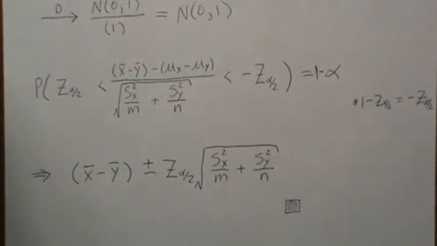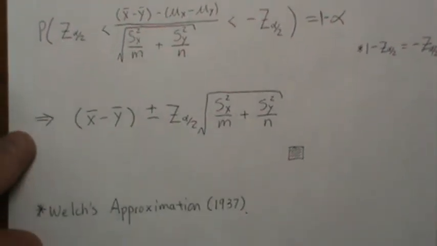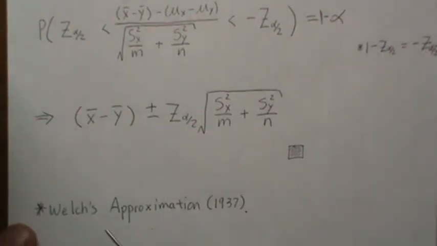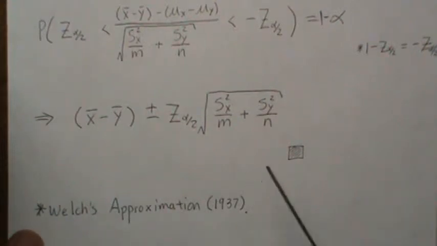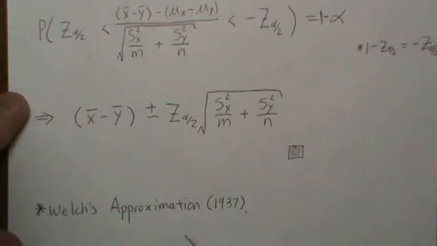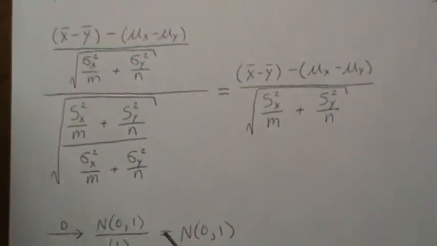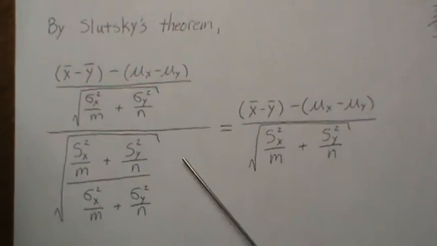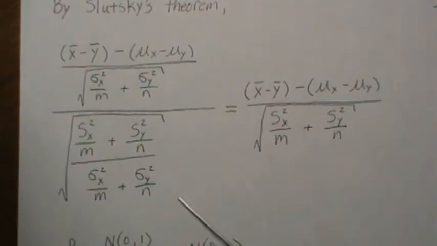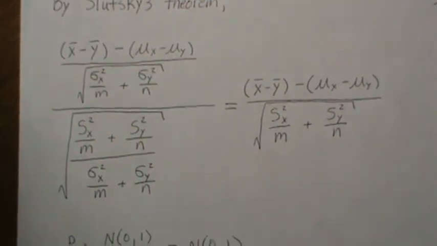So we're finished. But there's one thing I want to mention here. In the next video, we're going to look at Welch's approximation to this setting. It's pretty fascinating and ingenious how they came up with this. They will use this pivotal quantity and find an approximation to it.